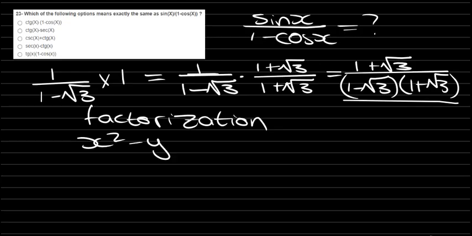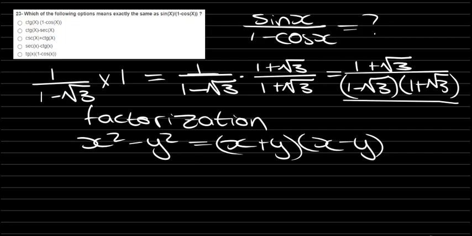If you have x squared minus y squared and we factorize it, we get x plus y and x minus y. It looks like its conjugate, right? So we can see that we have a conjugate pair here. So we know that the answer is x squared minus y squared.